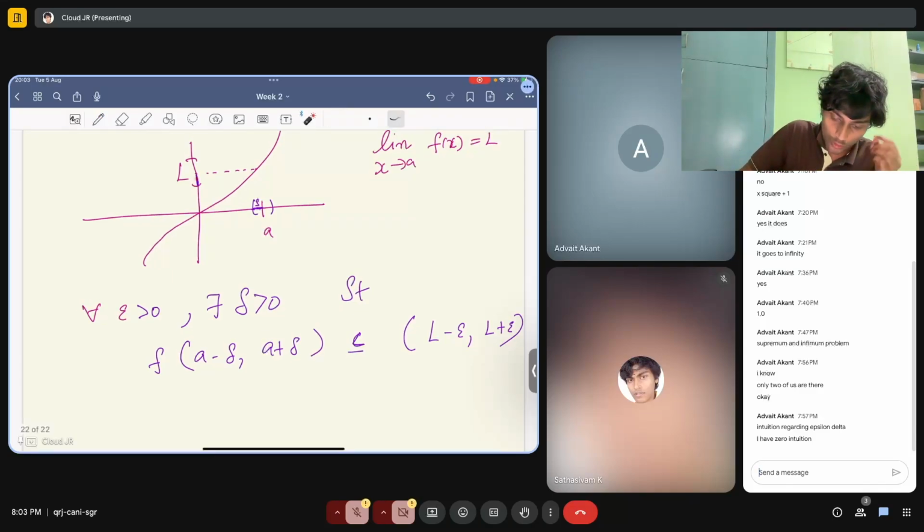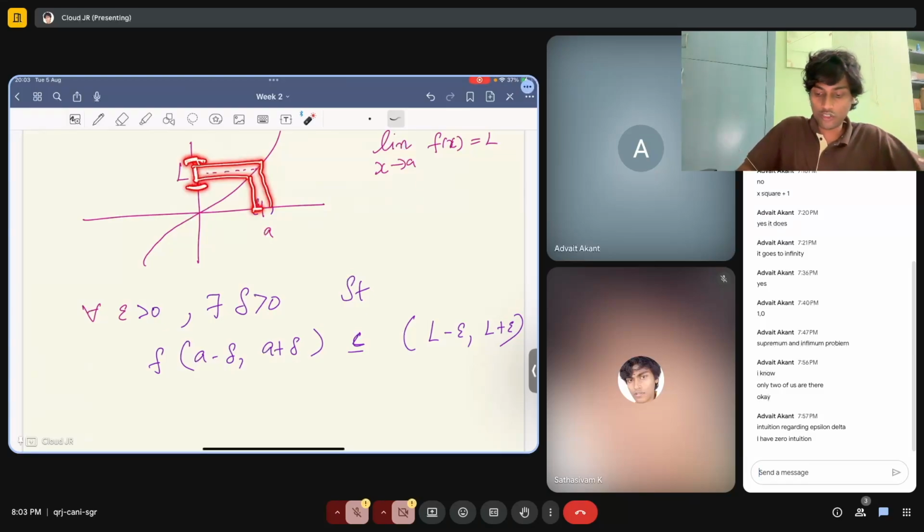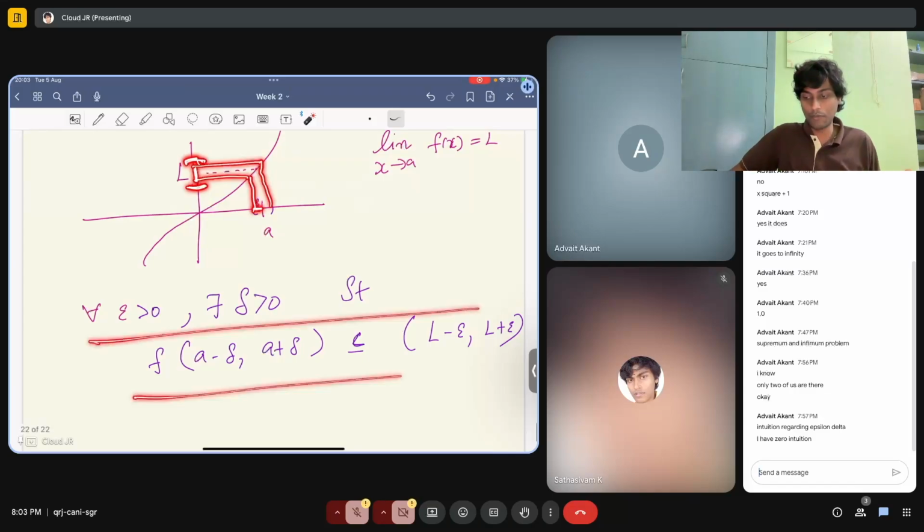You want it closer to L, and you are telling me, however close you want, you want it epsilon close. What I'm doing is, I will make it delta close here, such that if you take the image of the neighborhood, it lands within the epsilon neighborhood. So that is basically the definition of the limit.